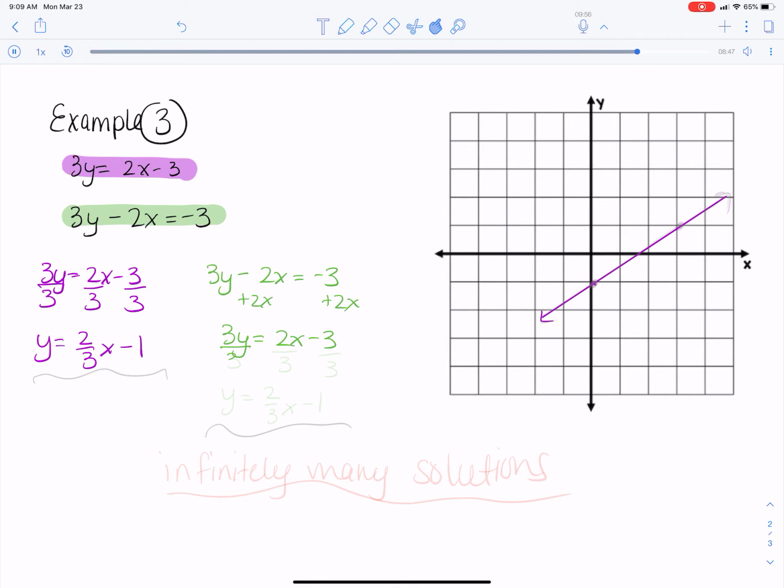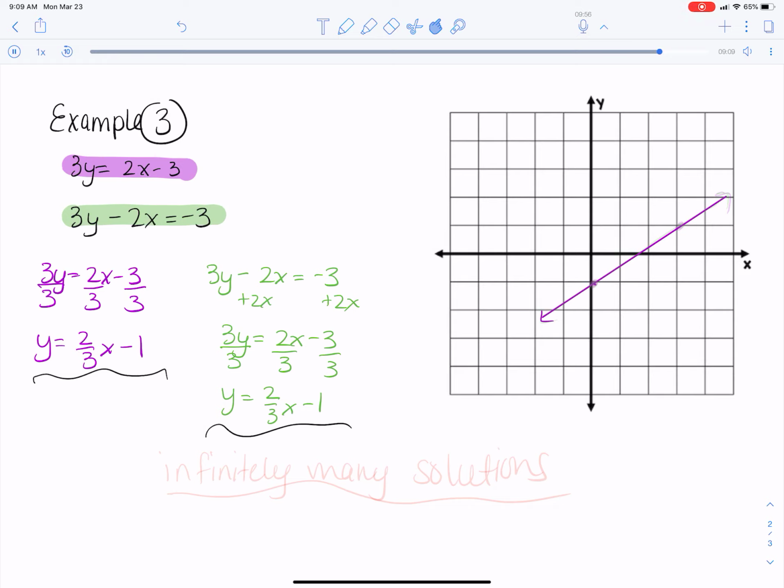Now I also have to divide everything by 3. So we get y equals 2/3 x minus 1. Now you can see here that both of these, we get the same line.